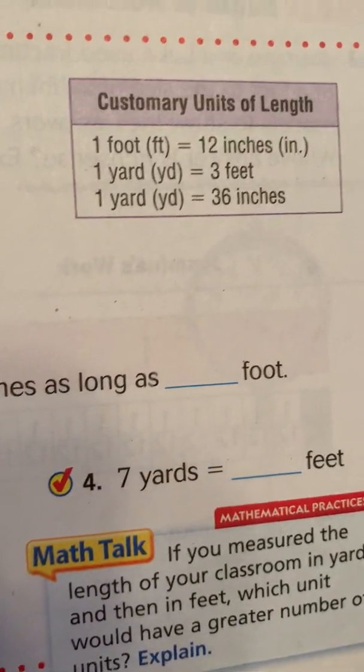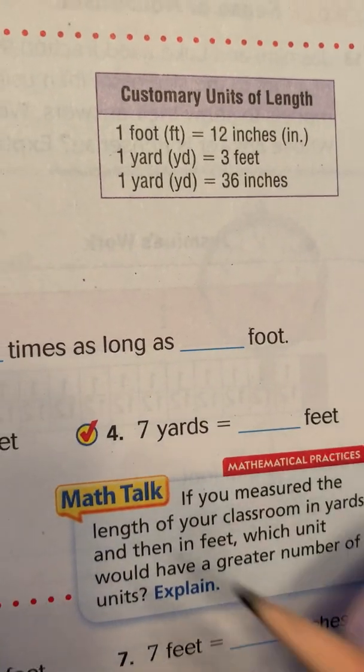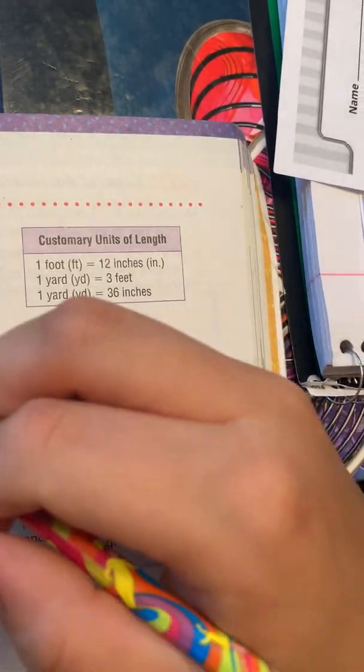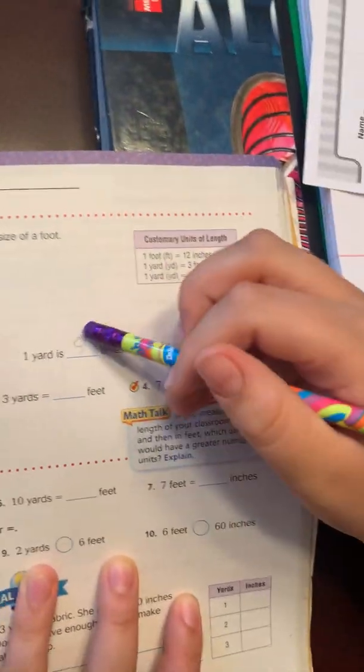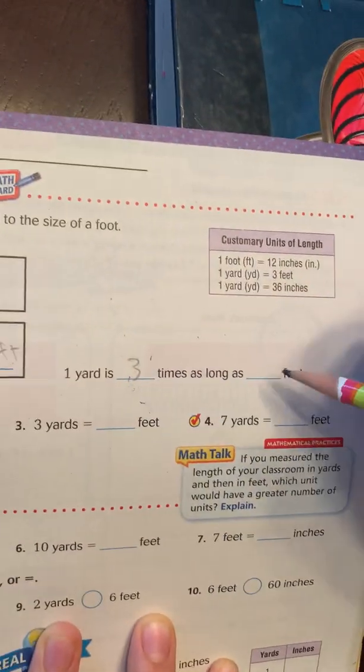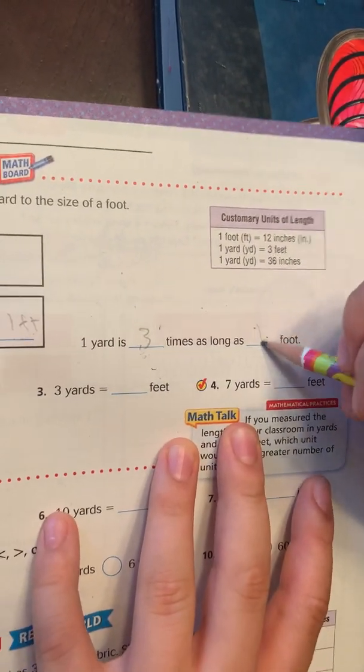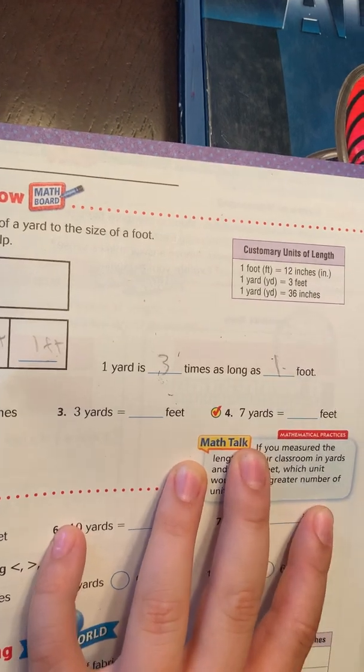You need to look here. There are 3 yards. 1 yard is 3 times as long as 1 foot.